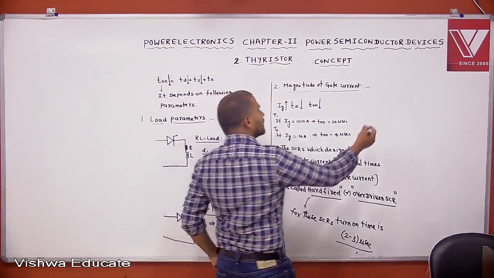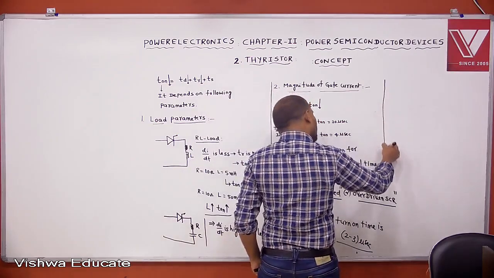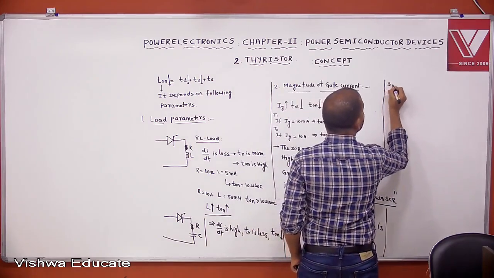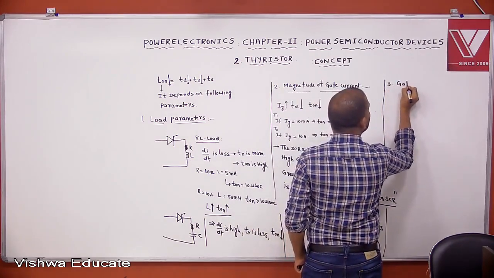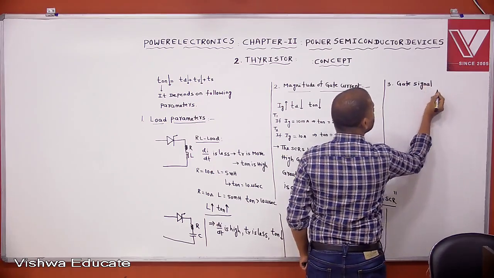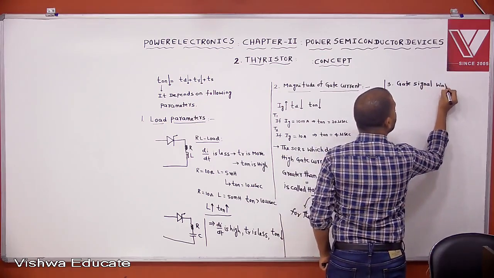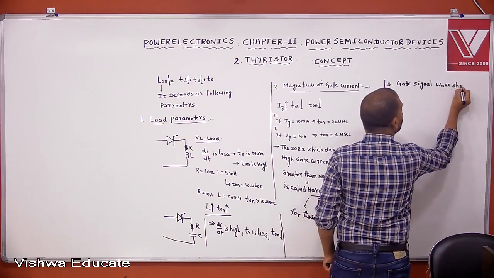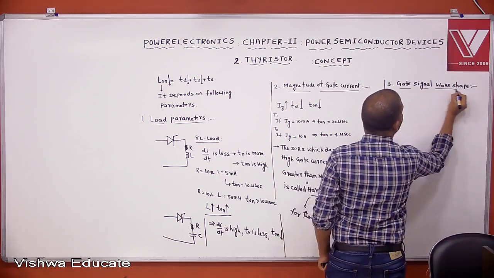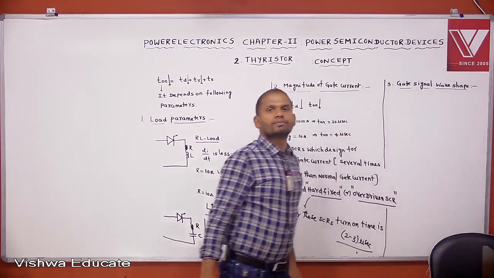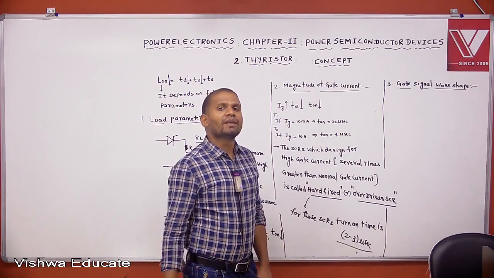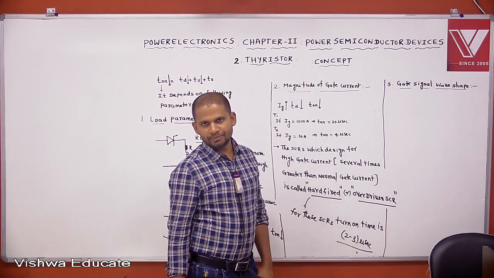Third parameter: turn on time also depends on gate signal wave shape. Tell me, how does the turn on time of a thyristor depend on the gate signal wave shape?